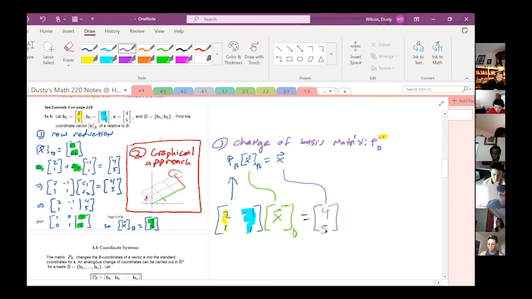Okay. So if I want to find the green vector here, the green XB vector, then I think it should be clear that what I need to do is multiply the purple vector by the inverse.